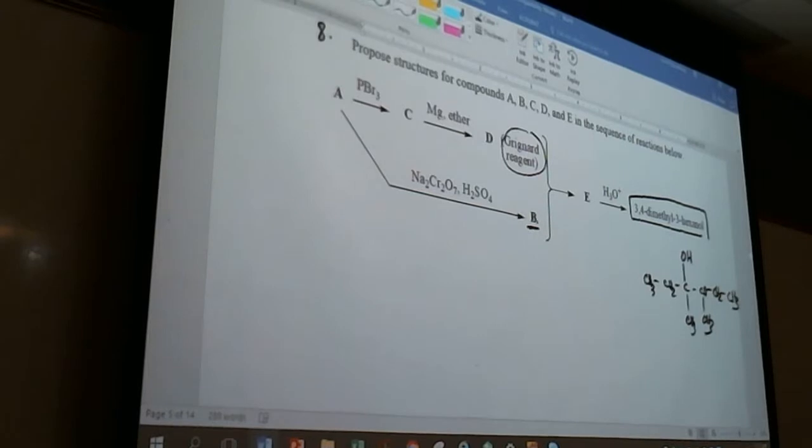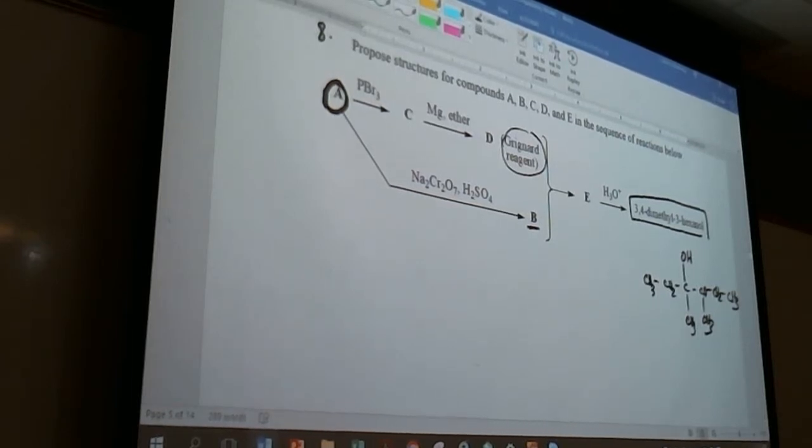Now, both my Grignard and the aldehyde or ketone or ester or whatever this is, both of them are coming from the same original compound, to which I do different reactions. But what that means is that both of these likely have the same number of carbons that then combine to give me this.